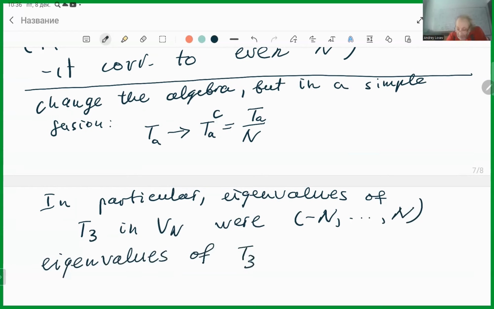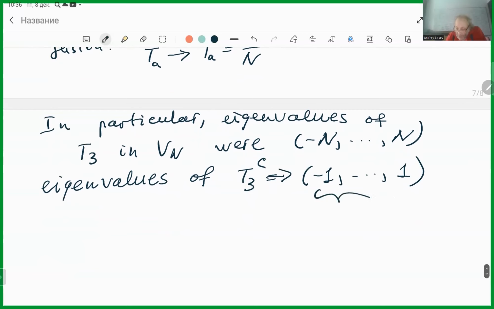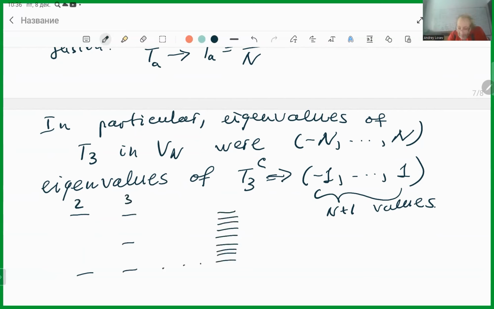Eigenvalues of T3 classical would be minus 1 to 1. However, there will still be n plus 1 values.